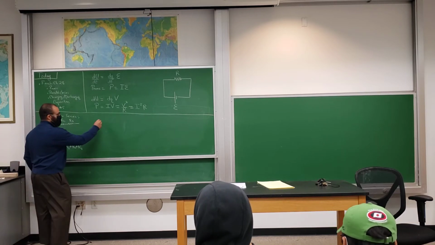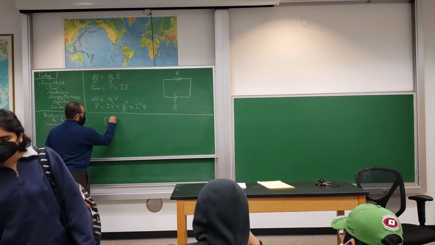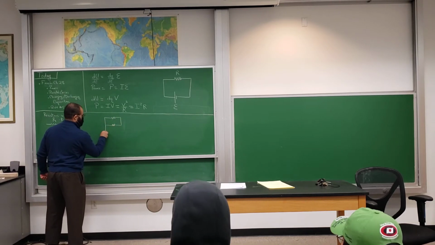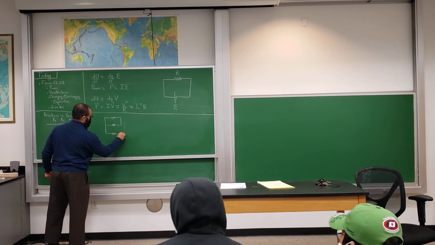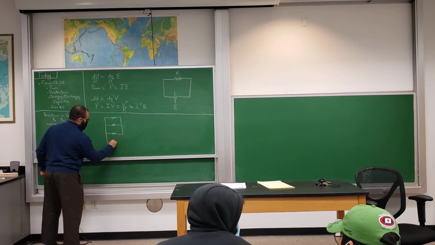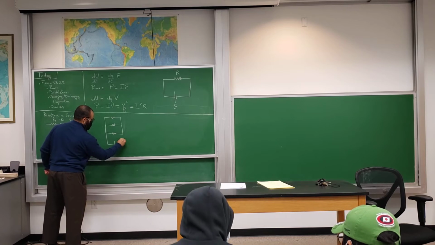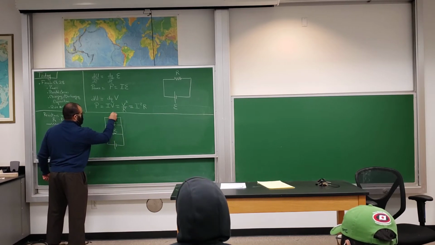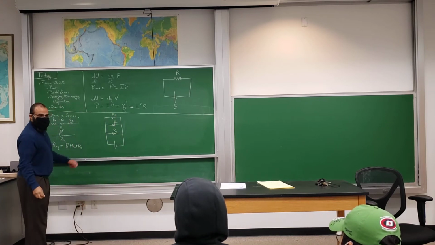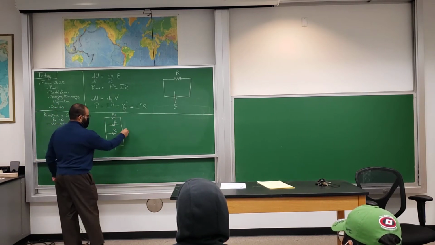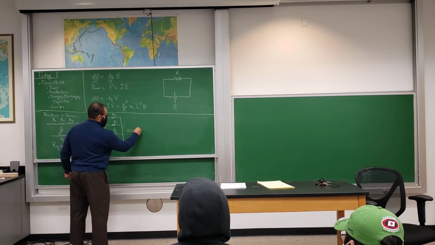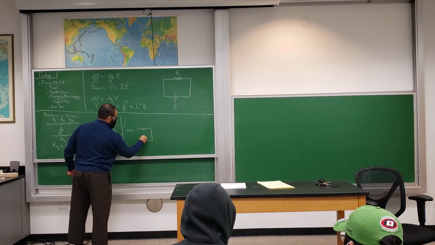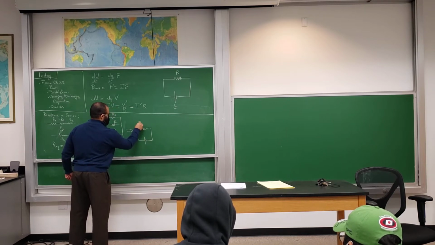So here is the parallel connection. Something like this, R1, R2, and R3. If you were to change all of these resistors and replace them by one resistor, it's called R equivalent, right?